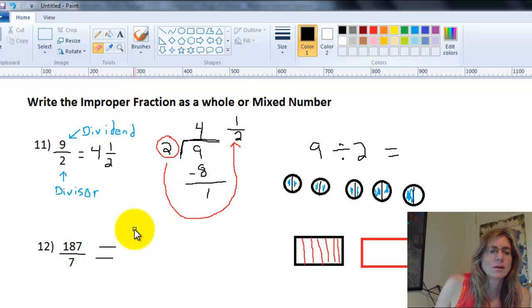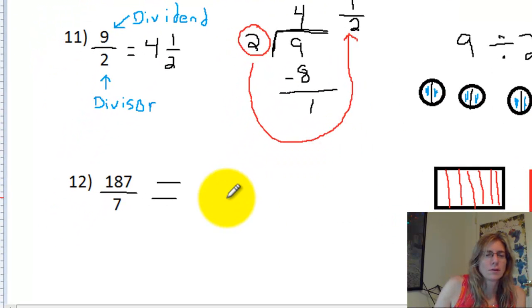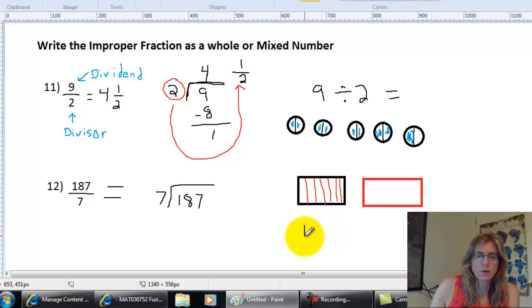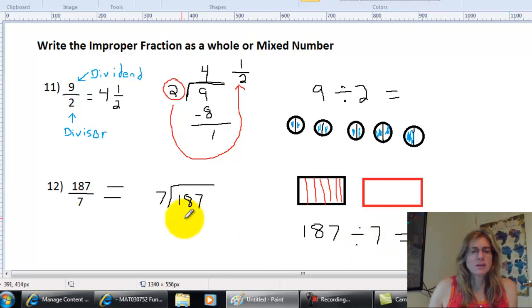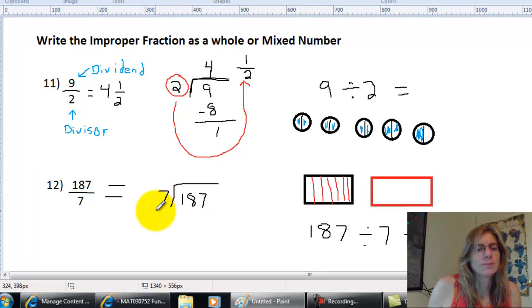Once again, the divisor is on the bottom, the dividend is on the top, so we set up 7 divisor into 187, and that would be drawn as 187 divided by 7. I'm drawing these out in different ways so that you get used to seeing it all the time, and hopefully it'll help you sort it out.